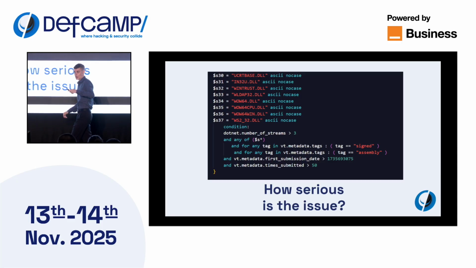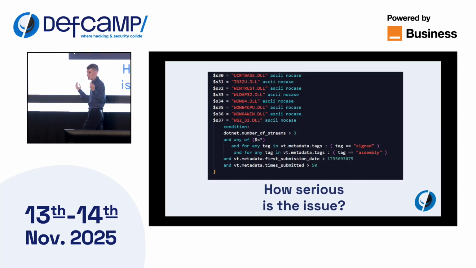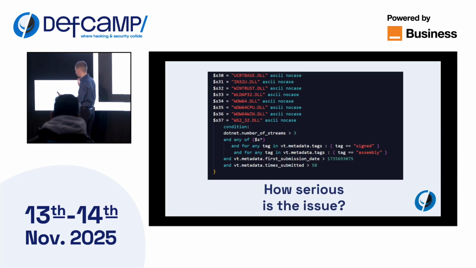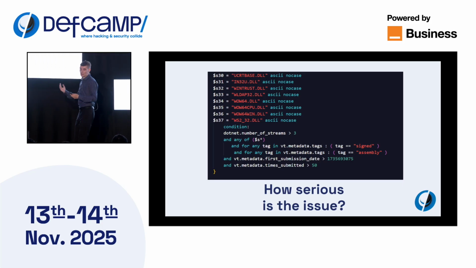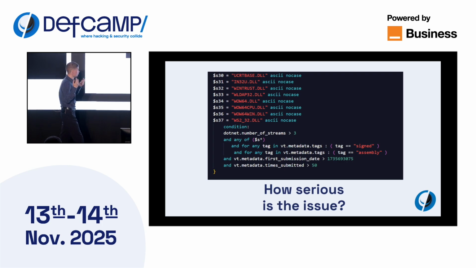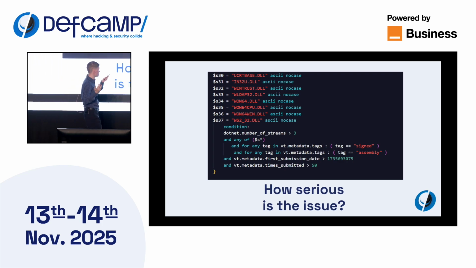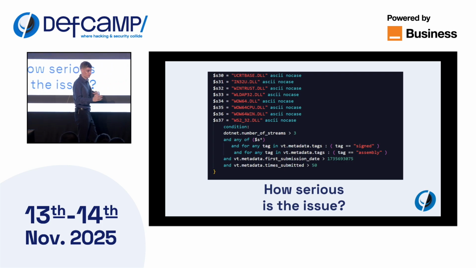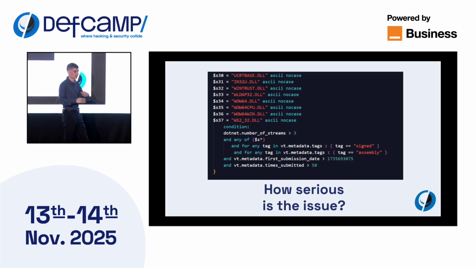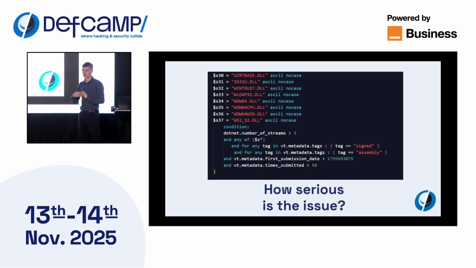So yes, I decided to investigate how serious this issue is and try to think of examples of popular apps that are vulnerable to DLL side-loading. To do this, I decided to use this YARA rule. A YARA rule is basically, in case you didn't know, a kind of language for signatures.